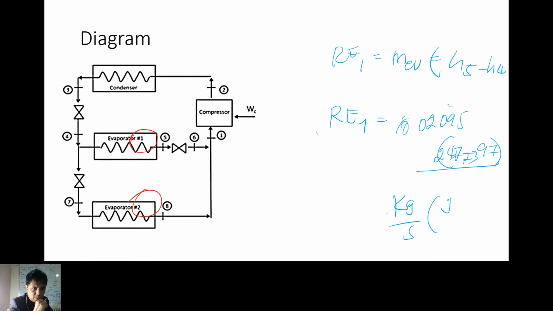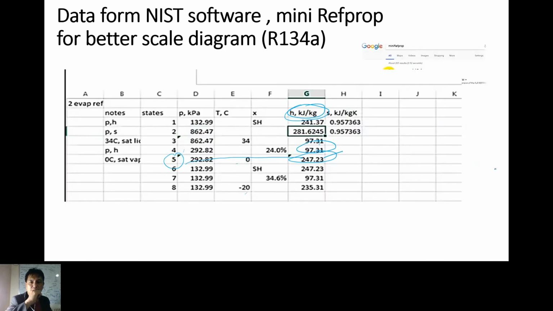Ito naman ay kilojoule per kilogram. So, it will be cancelled out. Kilojoule per second is kilowatt. Tapos, divide mo siya ng 3.75 na kilowatts 1 CR. So, makakuha mo yan. Okay?